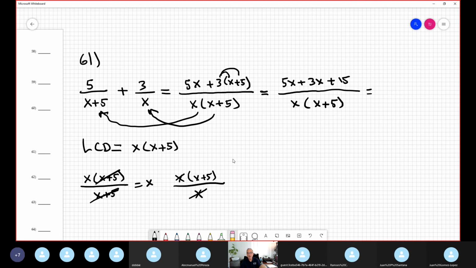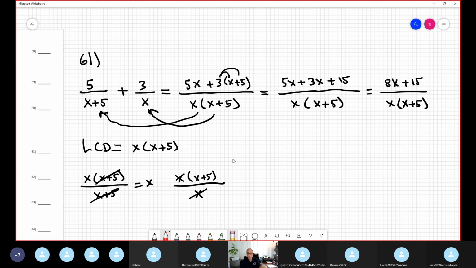And now we combine: 8x plus 15 divided by x plus 5. Guys, extremely important. We cannot simplify this and this. Big mistake. You can simplify only when there's a product.